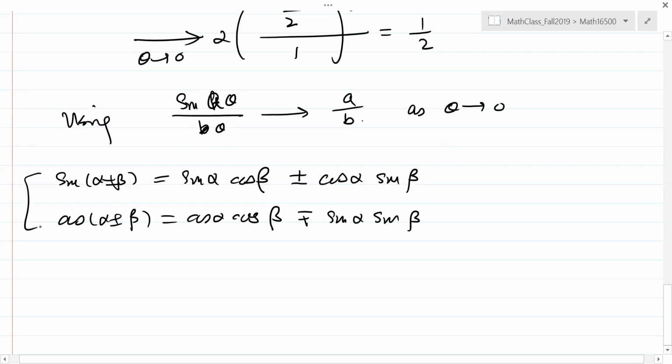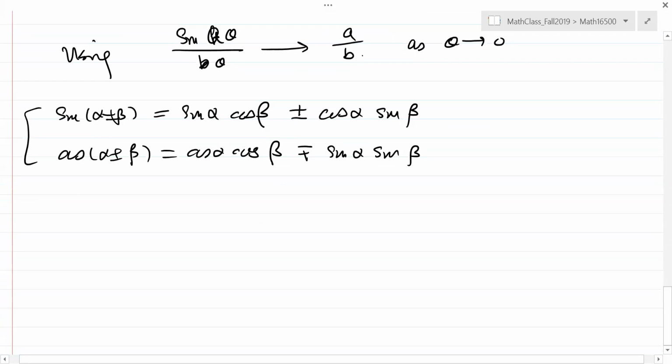I'm not sure you still remember these formulas, but they are needed. Those are the formulas we should know. You can double check. In the first formula, you can let beta be alpha. If you choose the positive sign, what do you get?